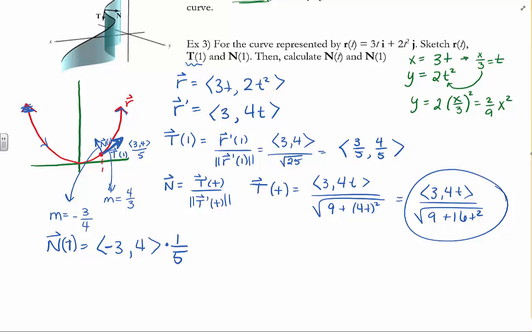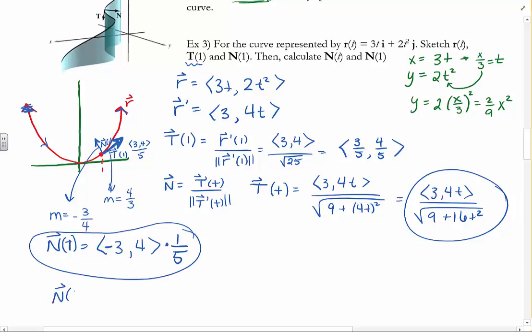So over here, it said calculate n of t and n of 1. So n of 1, I had right here, n of 1 is -3/5, 4/5.